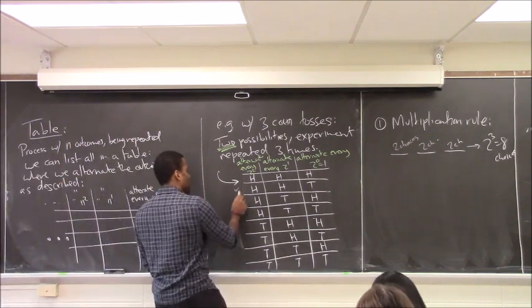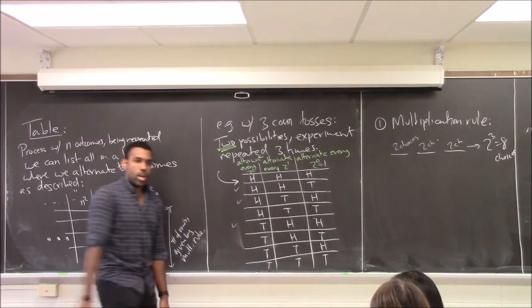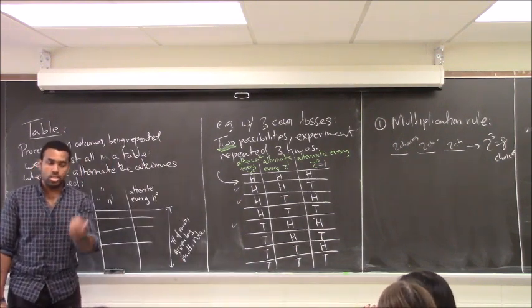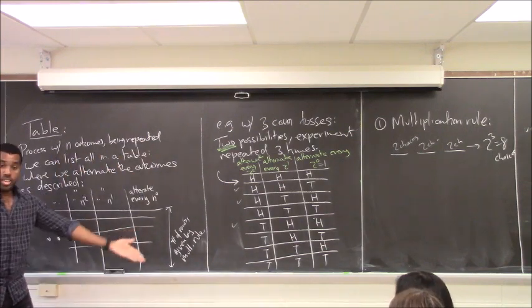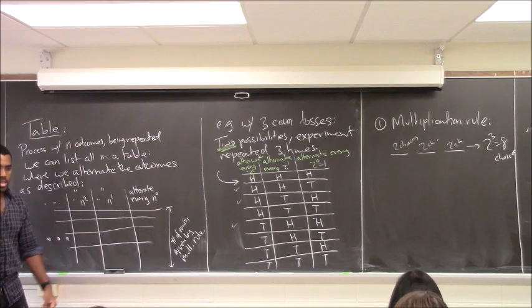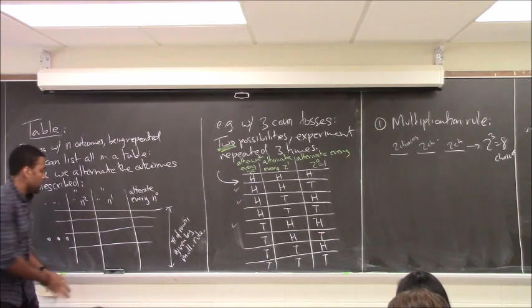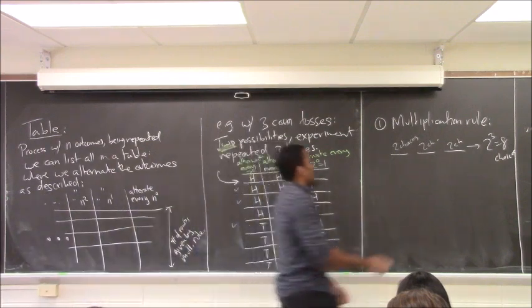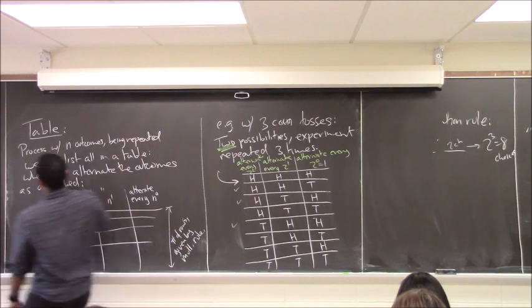So that would be 1, 2, 3, 3 out of 8, right? Which, by the way, was the answer to the problem on the probability teaser page, right? So I could have just listed everything in the table, literally count what I wanted, and you'd see that 3 out of 8 is the probability of having 2 heads. Another way to do this, so this is the second way. The table is the second way.